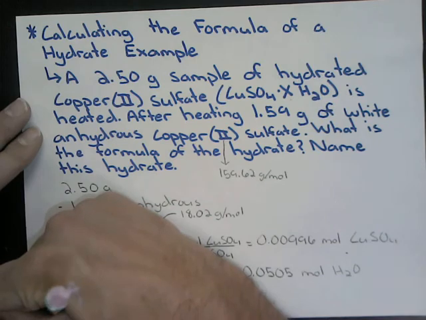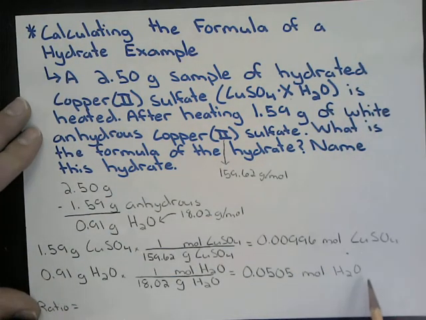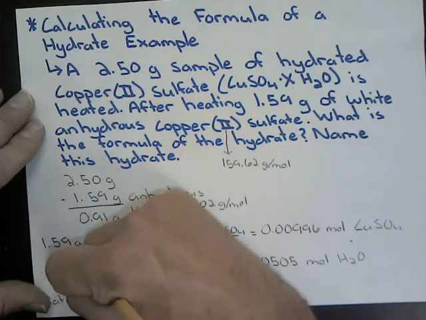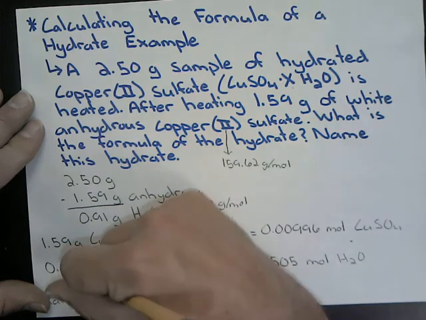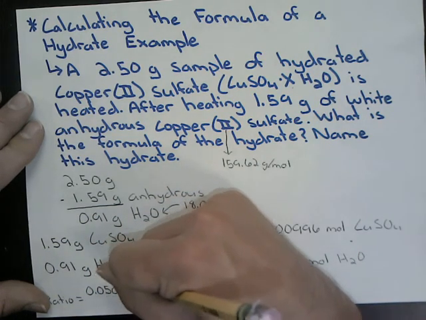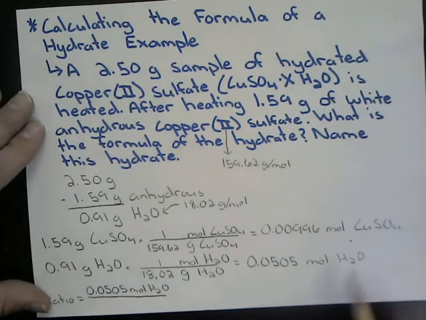And how we find the ratio, it's very important here that you take the number of moles of H2O, and that becomes your value on top. So 0.0505 moles of H2O divided by your number of moles of copper 2 sulfate.